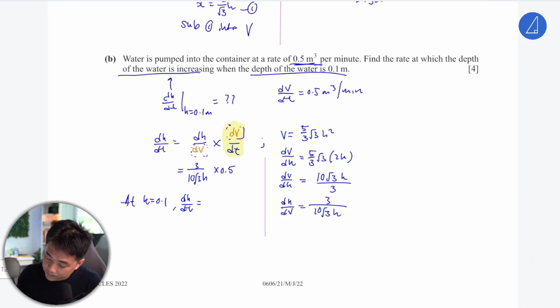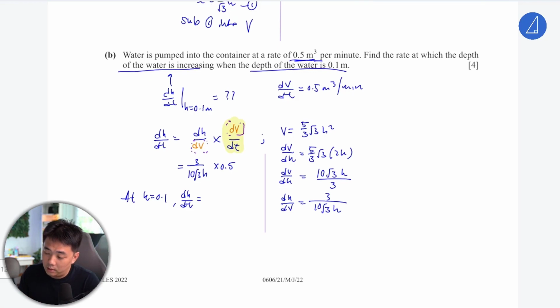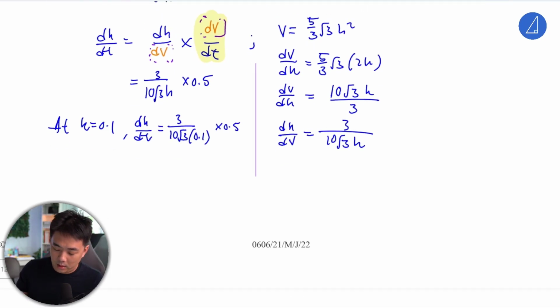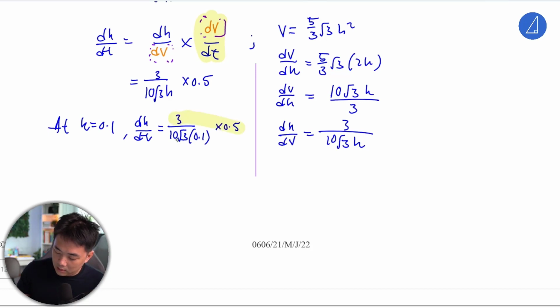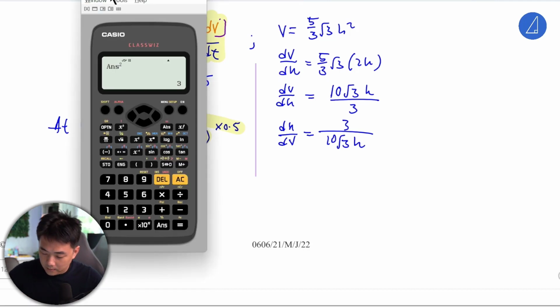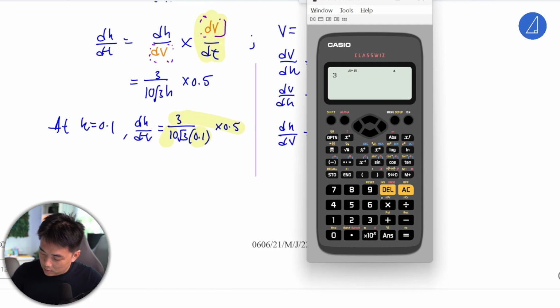Do we need the exact value? Find the rate, which I will just leave in exact, I think. So 10 root 3, 0.1 multiplied by 0.5. So I'm going to key this in the calculator, this whole thing here, except for the root 3. So 3 multiplied by 0.5, which is half, over 10 multiplied by 0.1, that gives 3/2.